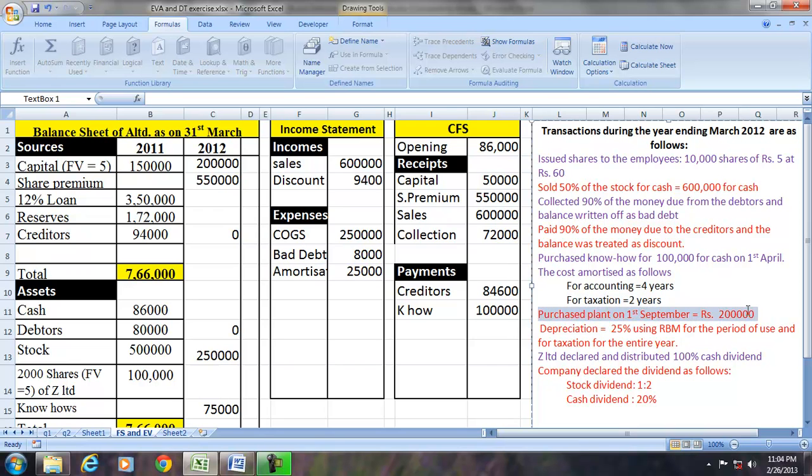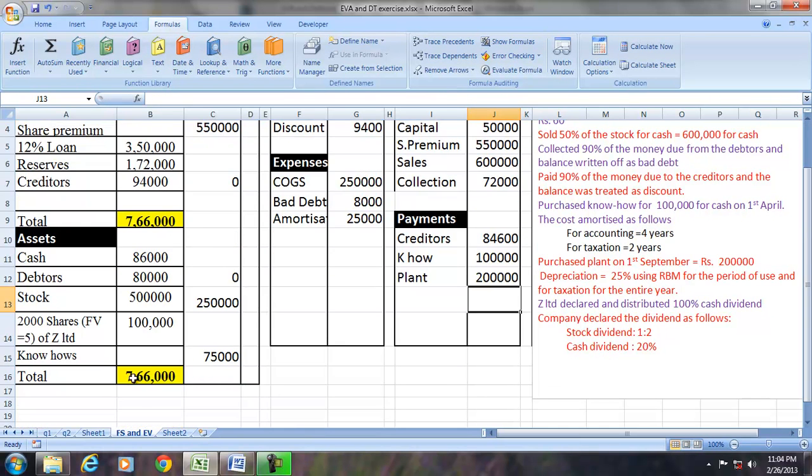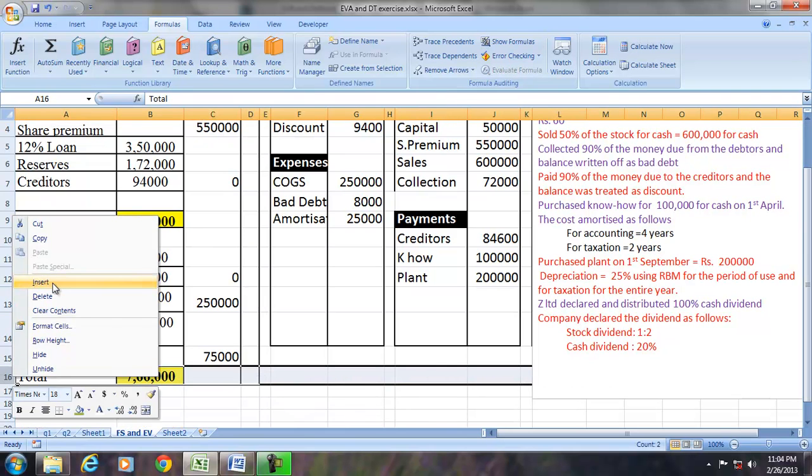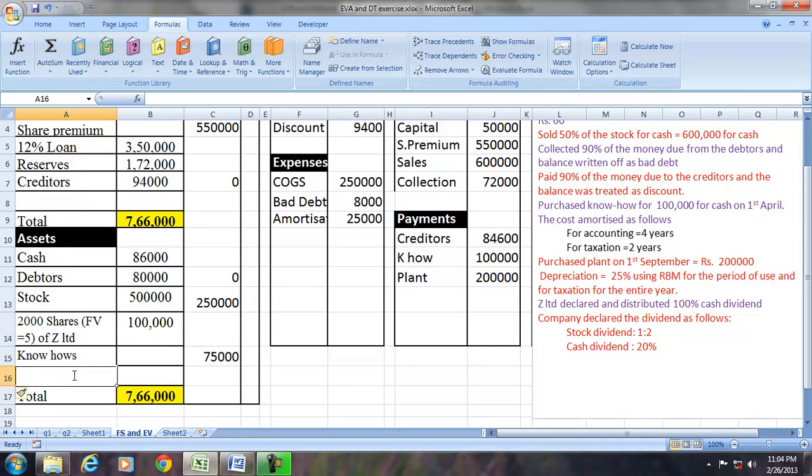Purchase plant on 1st September, 200,000, so we have another asset coming up. Purchase plant 200,000 on 1st September, and depreciation on this plant is 25% for the period.